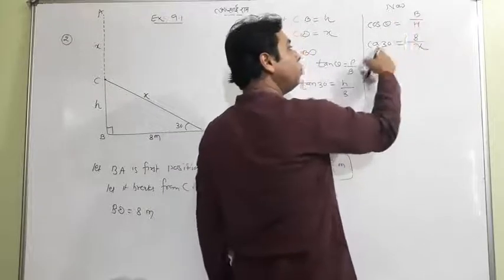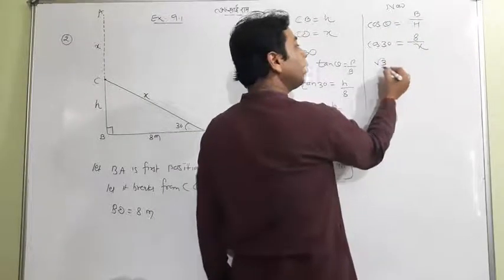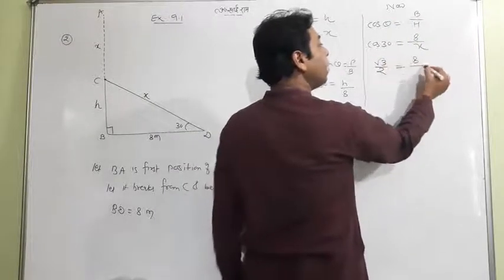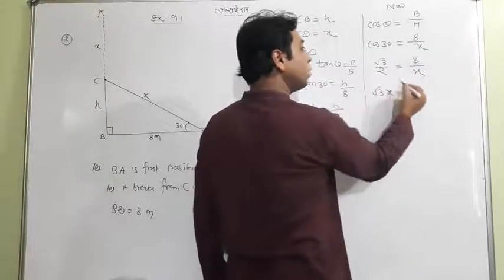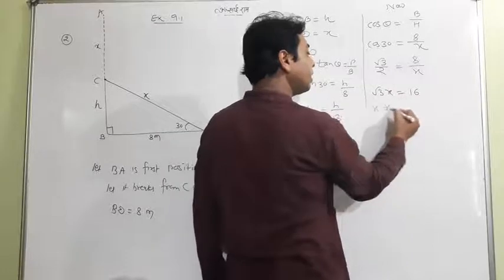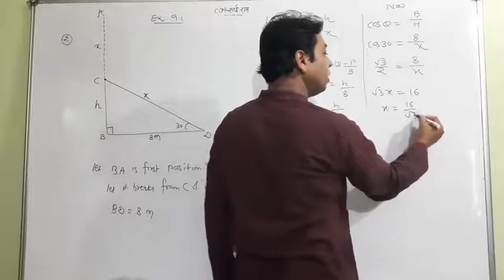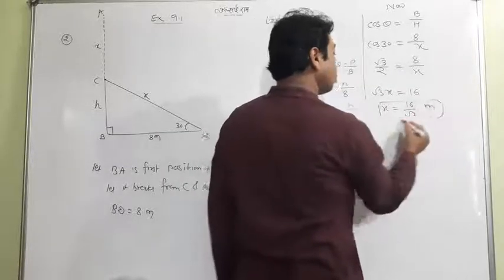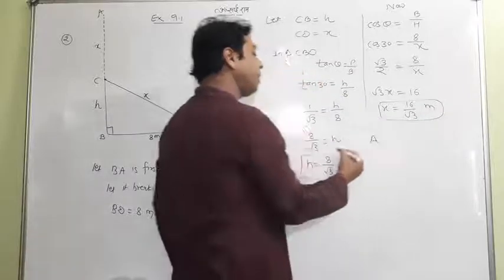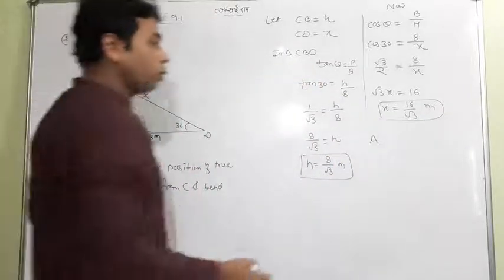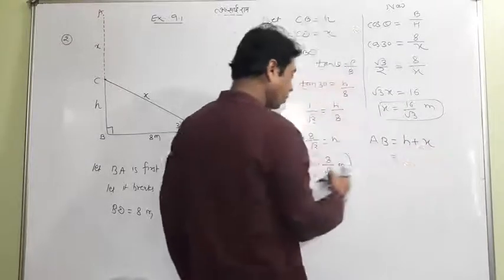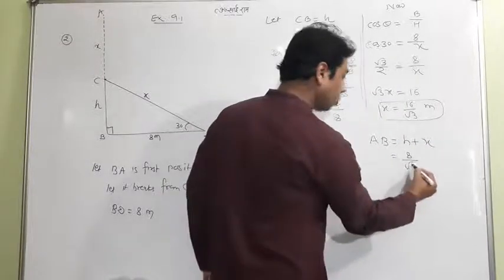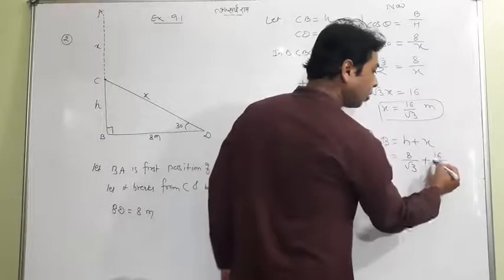So from here I can easily find the value of X. Cos 30 meaning root 3 by 2 is equal to 8 by X. Now transfer X here. Root 3 X is equal to 16 and X is equal to 16 upon root 3. This is X. So the original height of the tree from A to B is equal to H plus X. So what is your H? 8 by root 3, and what is X? 16 by root 3.